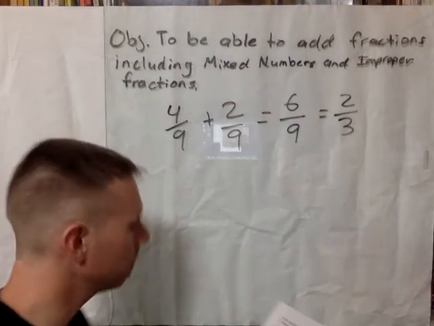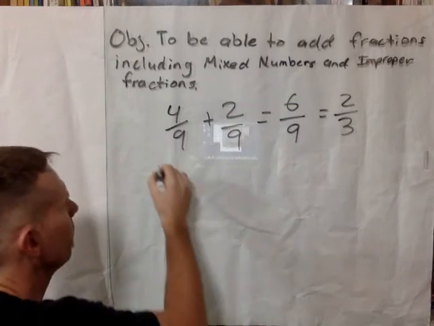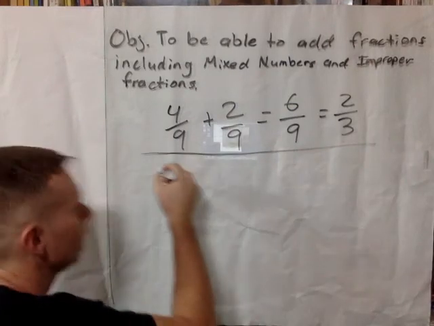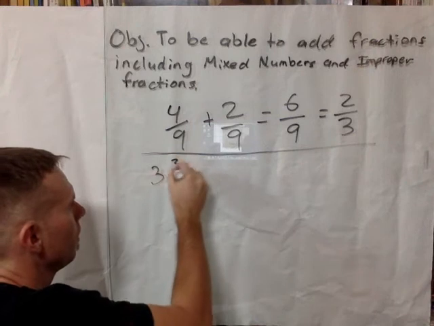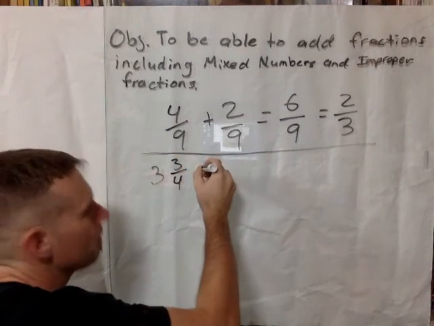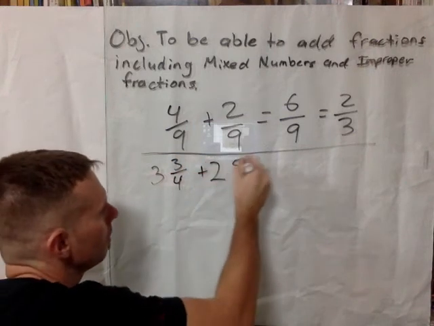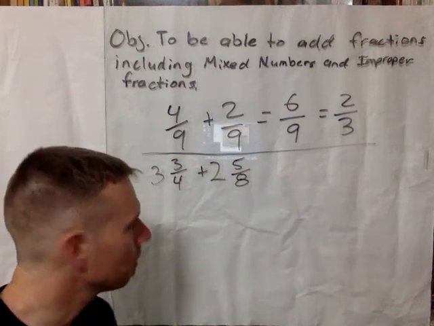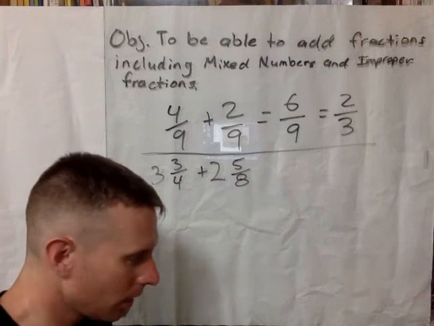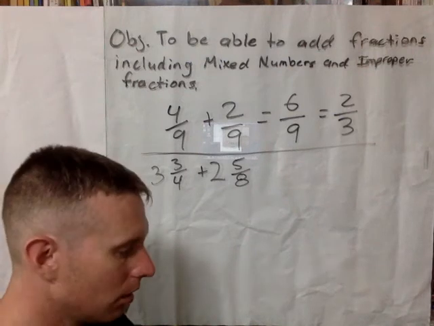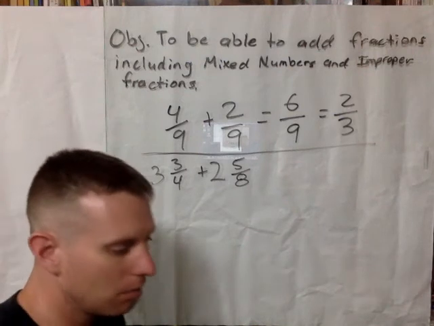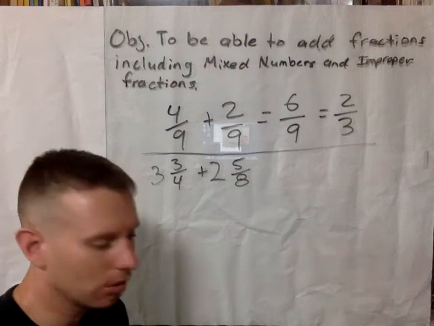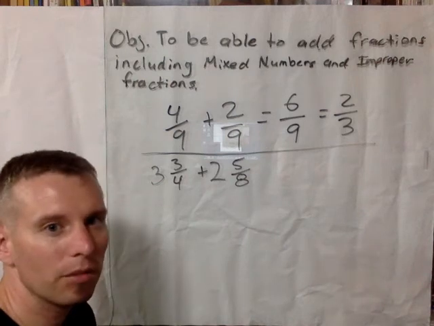All right, let's show another one. Let's say we have 3 and 3/4 plus 2 and 5/8. Okay, so here goes another problem for you. Now, these are mixed numbers, and so step one says to turn these into improper fractions.